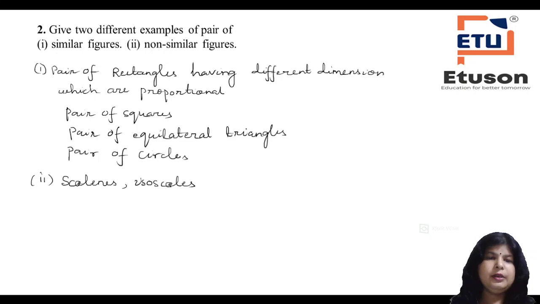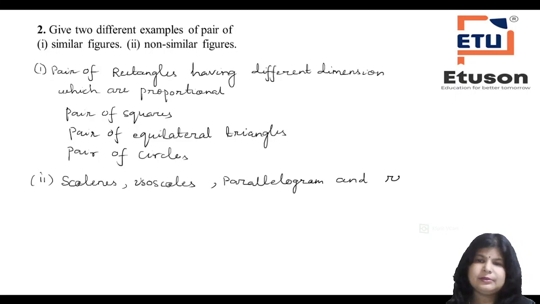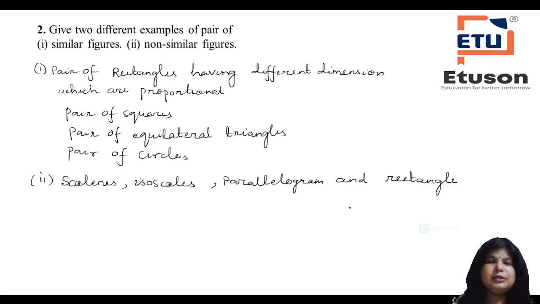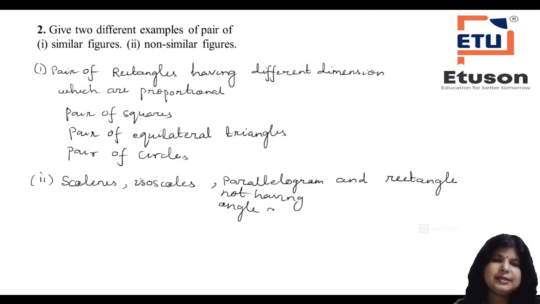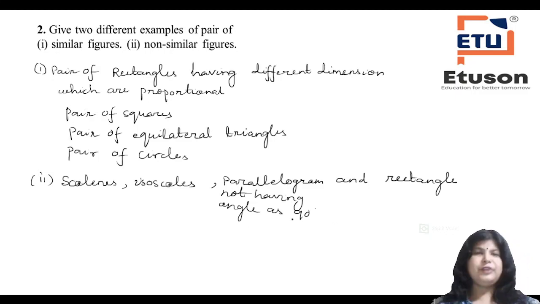Then you can consider a parallelogram and a rectangle, right? But the parallelogram should not have an angle of 90 degrees. Let me mention, not having an angle of 90 degrees. So these are some of the examples of non-similar figures. Correct.